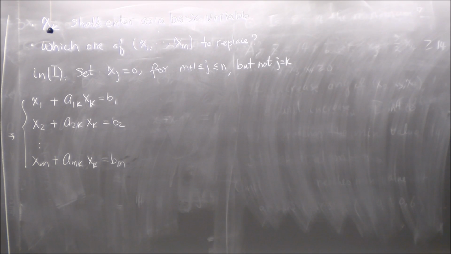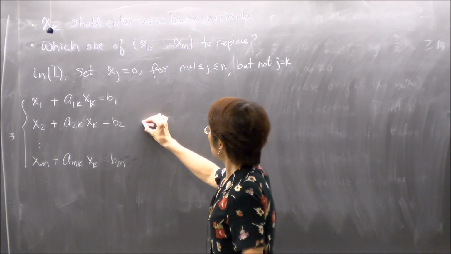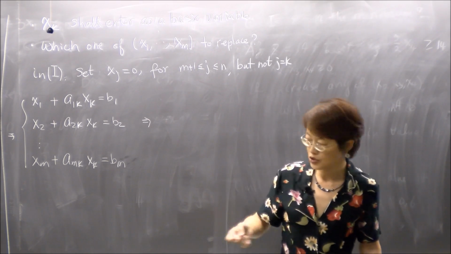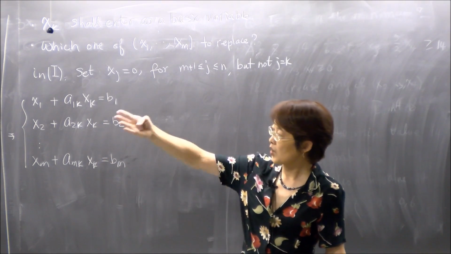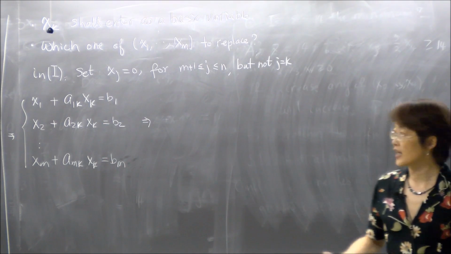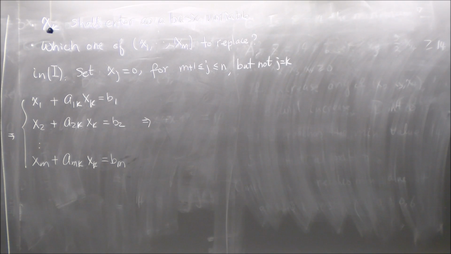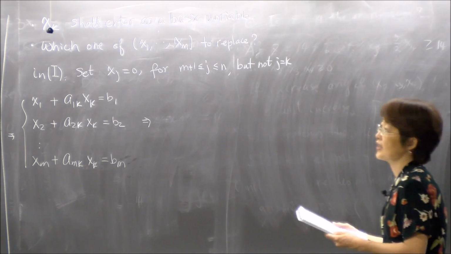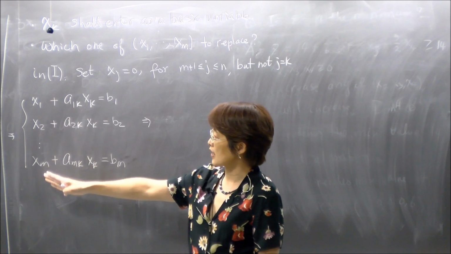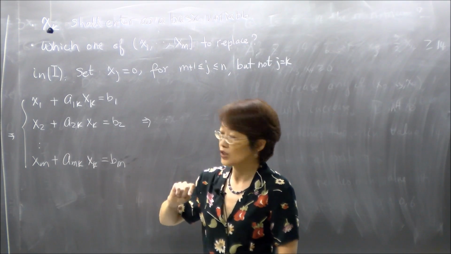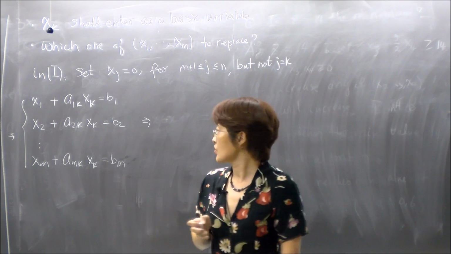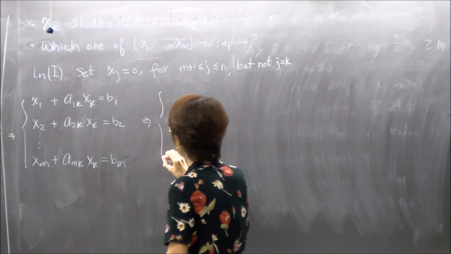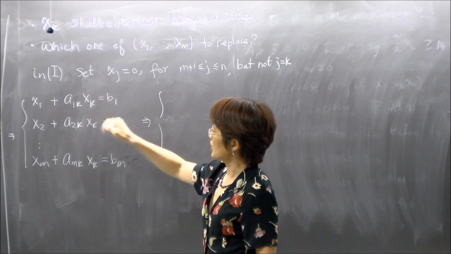Is that okay? We did that for the example. Now it's just general stuff. So what did we do? We need to figure out some constraint on the xk, how big we want xk to be, but it will have some bounds. I cannot make it infinitely large because all these x1, x2, xm shall be non-negative. Is that right? So we expressed all these in terms of xk.